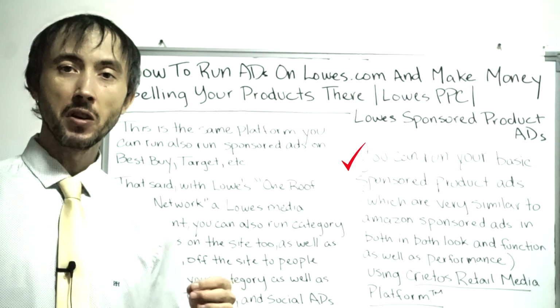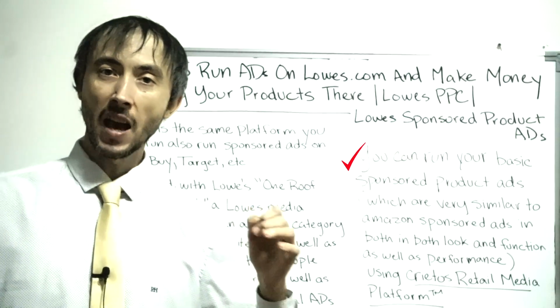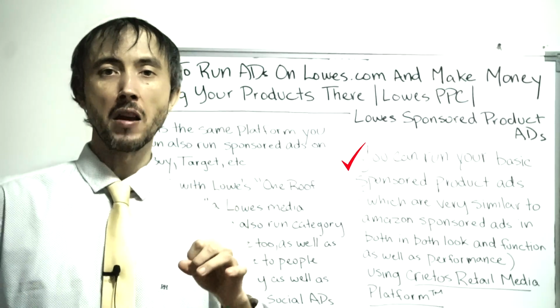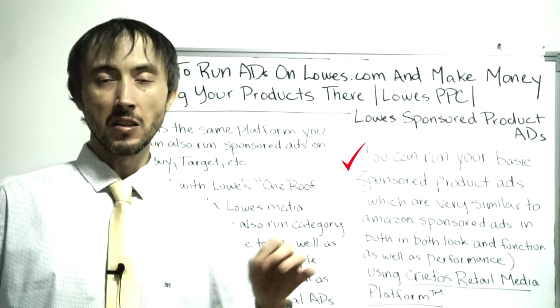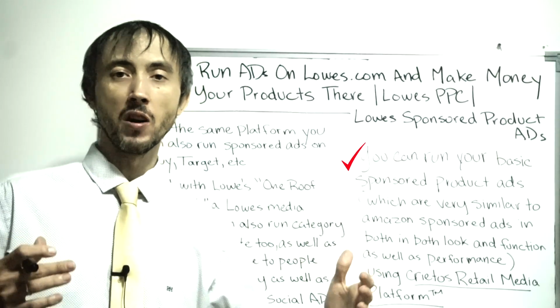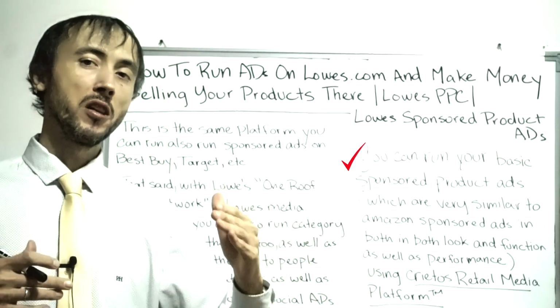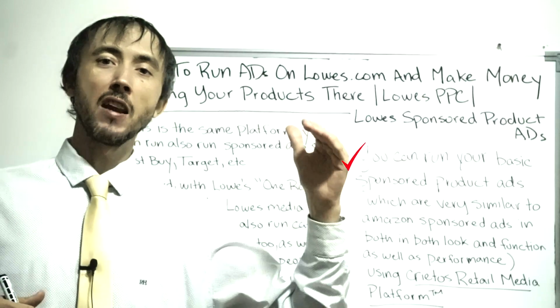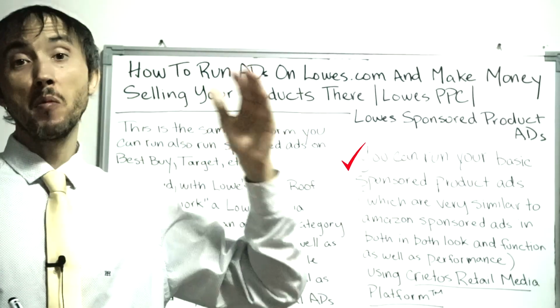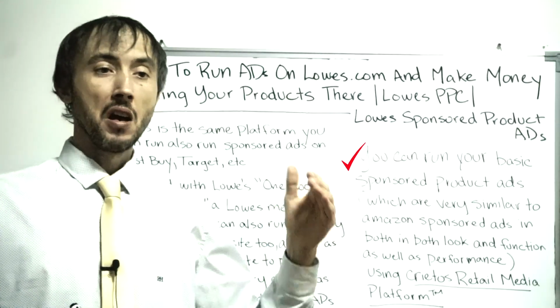You can bid per click to have your ads shown in certain categories as well as certain products. So you might find certain products work better than others in the category that you have. And if you have different products that go in different categories, of course, you'll have to decide how much you're willing to pay for a product to show in the category that it should show in. And there are minimum bids to get your products to show.